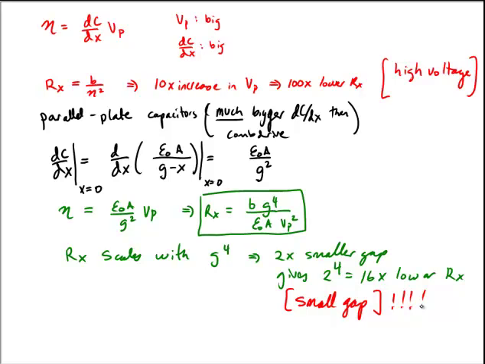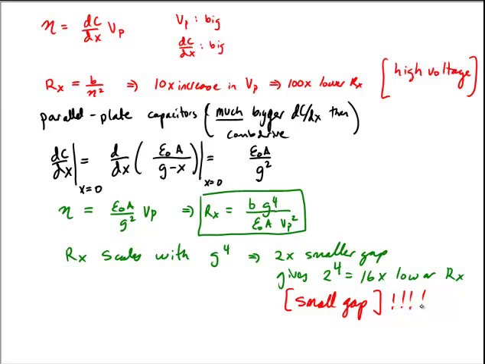That means if you happen to have like 2 micron lithography in your clean room, and your competitor, let's say at Georgia Tech, has 0.2 micron lithography in their fancier clean room, right? They could produce 10 times smaller gaps, right? They get 10 to the fourth, right?